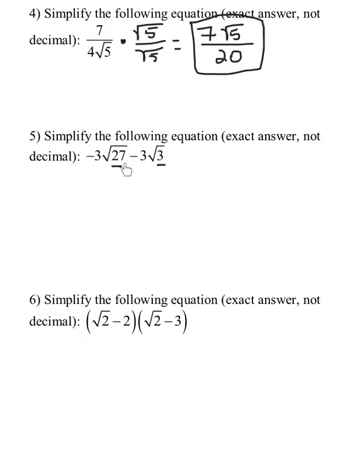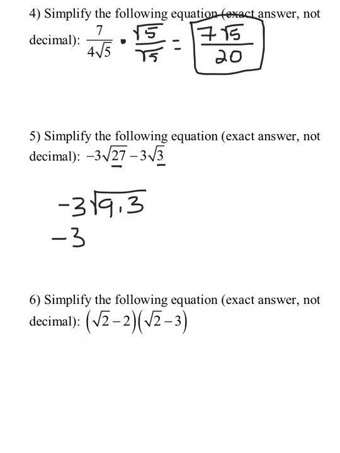So I'm going to rewrite this whole number right here. I'm just going to rewrite it. -3 square root 9 times 3. Okay, so now what I can do is I can take the square root of 9, which is 3.